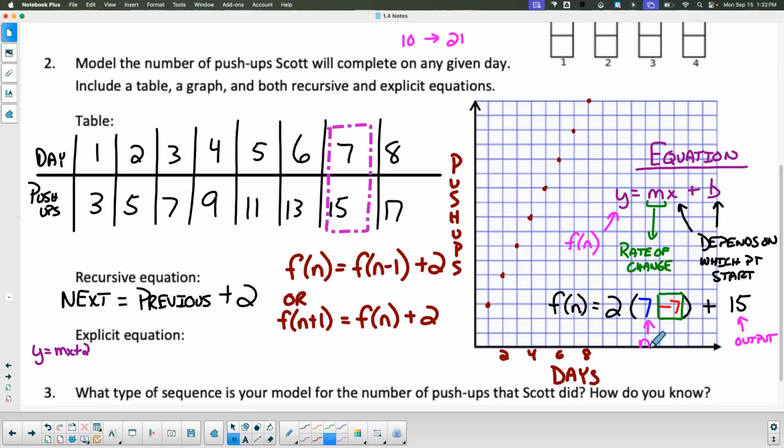So an explicit equation is f of n is equal to 2 times the quantity n minus 7, plus 15. See how I did that?